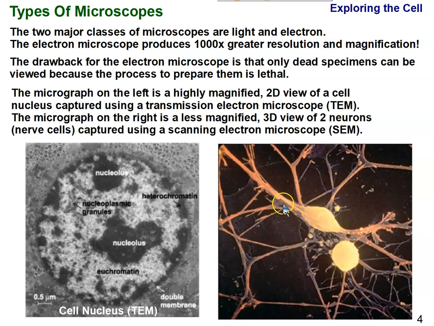So this is one whole cell, and this is one whole cell, and these are the cell bodies, actually, of neurons, nerve cells. But these are the two different ways that you can see cells using these two different electron microscopes. And that's the point, that we've developed these two different electron microscopes, and it visualizes cells in much different ways.